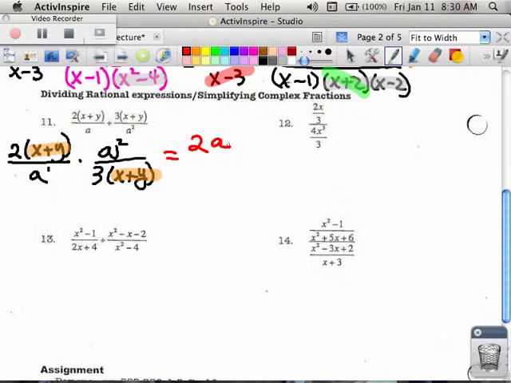Because this a squared is really like a times a. And if it's a times a, then one of those a's cancels out with the a that was on the bottom. And then on the bottom, all that's left over is 3, which is close to 1.